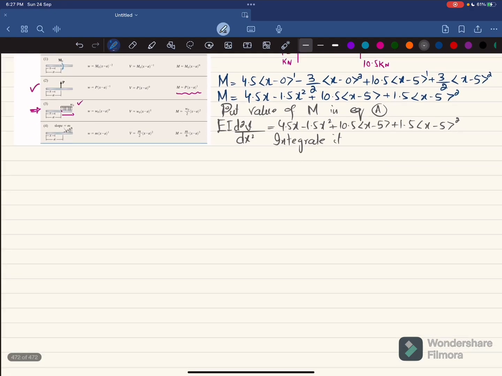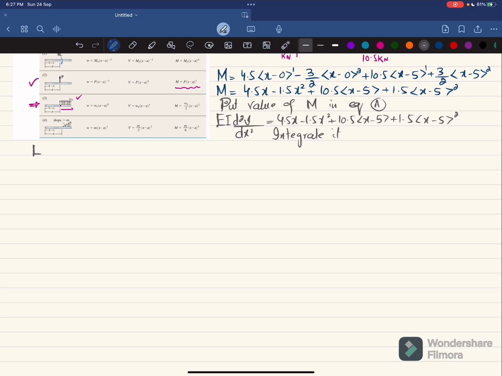we will get EI into dv over dx will be equal to 4.5 x square divided by 2 minus 1.5 x cube over 3 plus 10.5 into x minus 5 power 2 divided by 2 plus 1.5 into x minus 5 whole cube divided by 3 plus the constant of integration, which is C1.